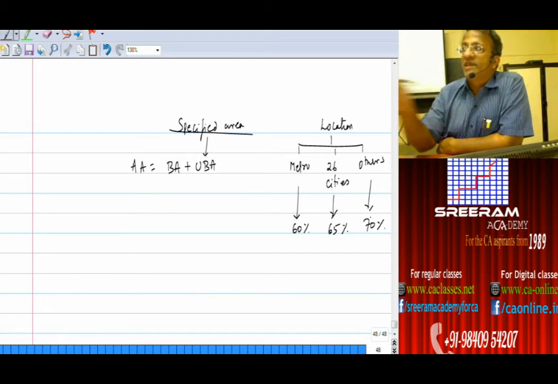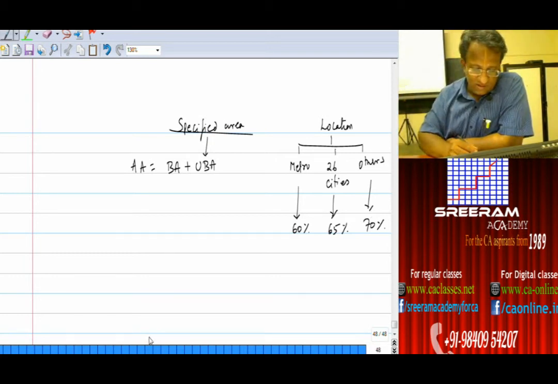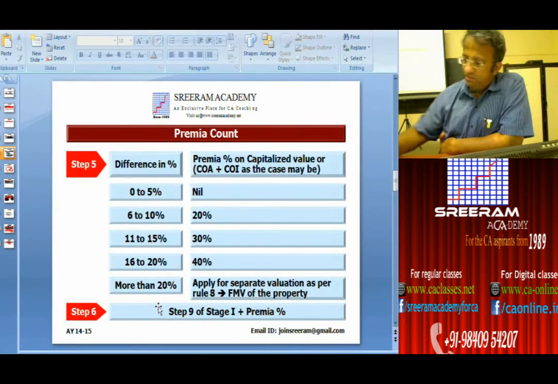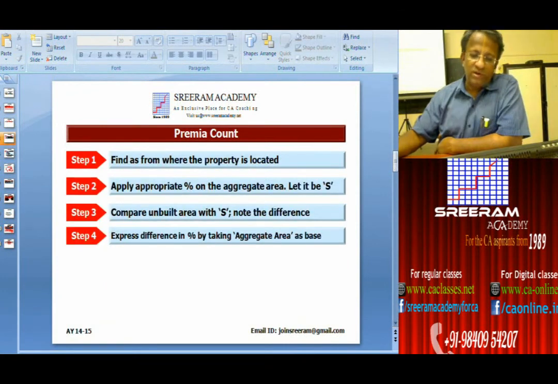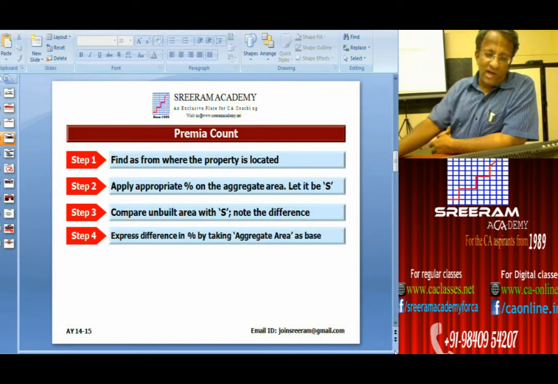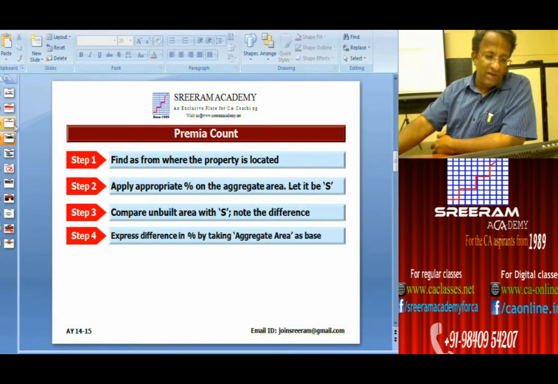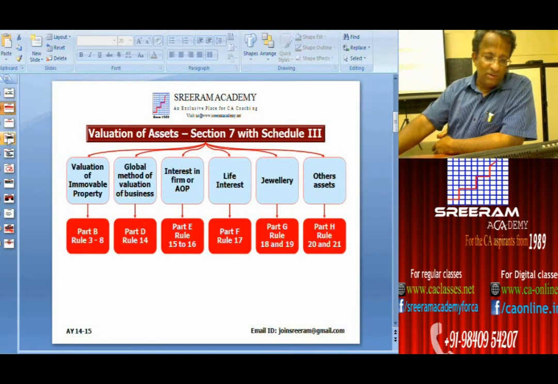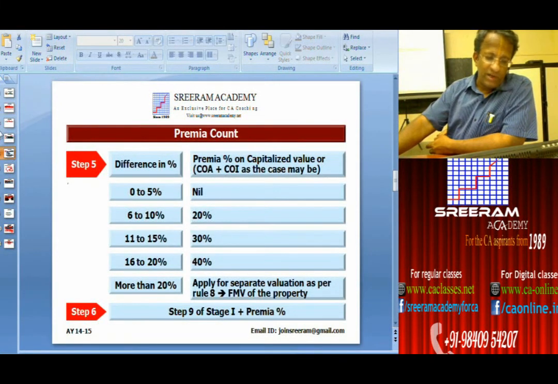So the rule says that in these locations 60, 65 and 70. Now what is the first step? So first one, find where the property is located. So they are asking us to find out, apply a percentage on the aggregate area, let it be yes. So that percentage I am telling you out of my memory only, it should have been properly given.